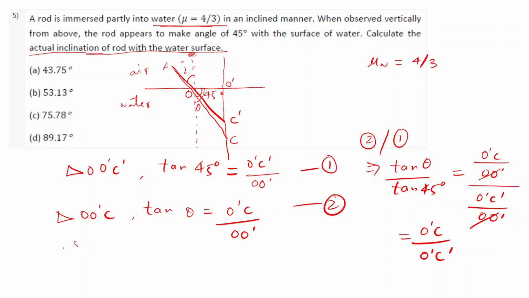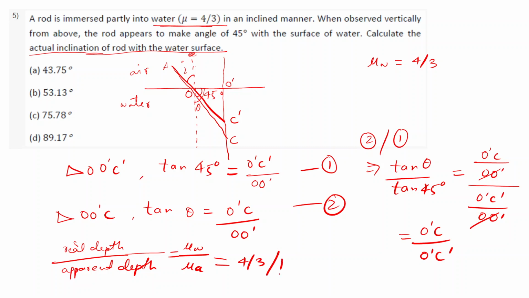So the ratio of real depth to apparent depth is the ratio of refractive indices, refractive index of water to refractive index of air, which is 4 by 3 divided by 1.